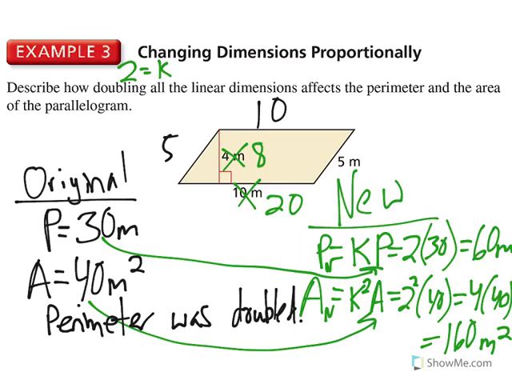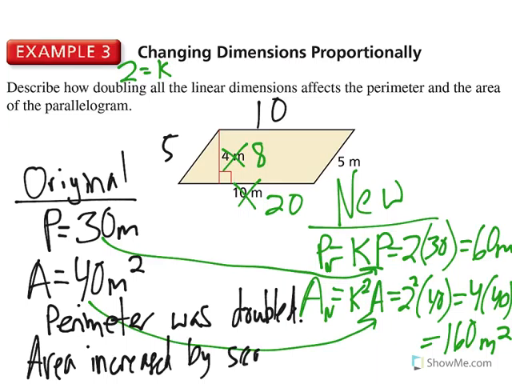And then the area was multiplied by 4. It increased by a scale factor of 4, or you also could have said it increased by 2 squared. And so this is how our perimeter and our area are going to change whenever we have proportional dimension changes.